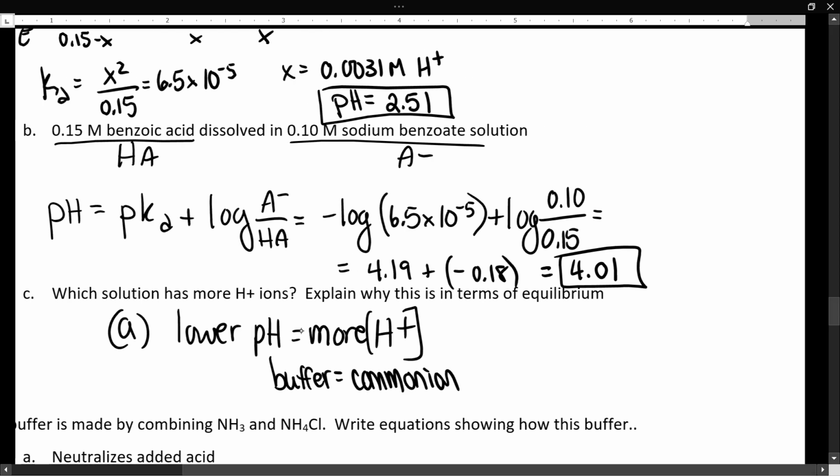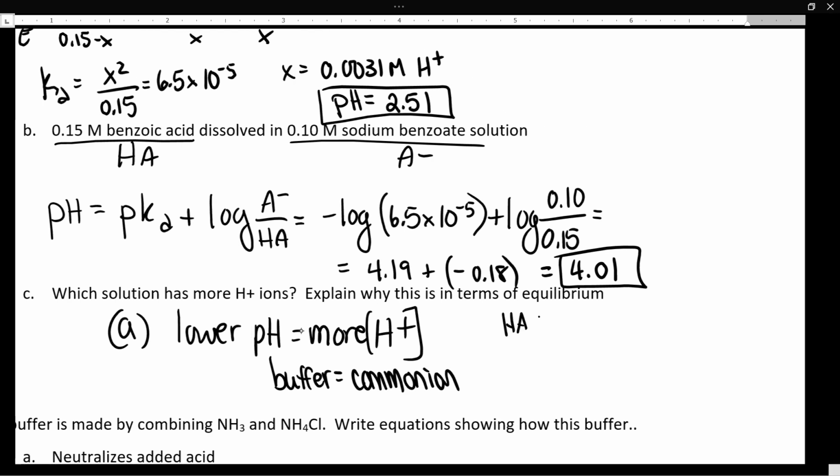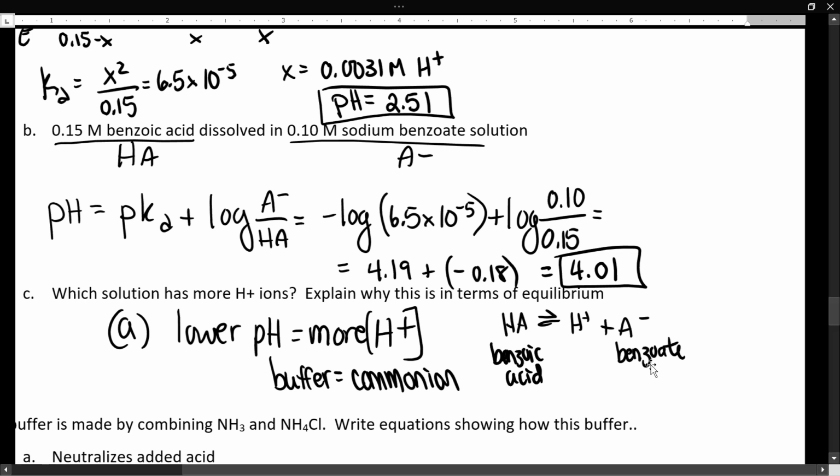What that means is your HA is dissolving in a solution that already contains some A minus ions. So this right here would be your benzoate ion, and this right over here would be your benzoic acid. So because you're dissolving benzoic acid in a solution that already has some benzoate ions, this reaction is not going to proceed as far due to the common ion effect.